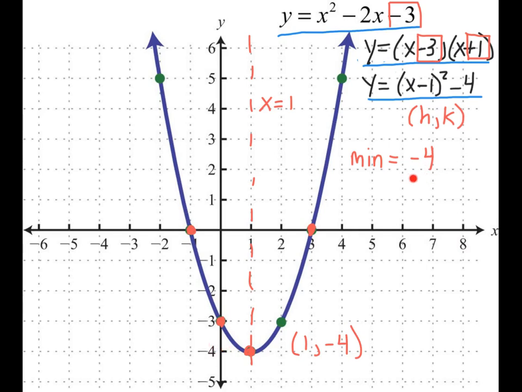There is no value beneath negative 4 for an output of this function. And so any parabola that is opening up is going to have a minimum. But if we had a parabola that was actually opening down, then we would have a maximum. And that would also still be the y value, or the k, out of our vertex.